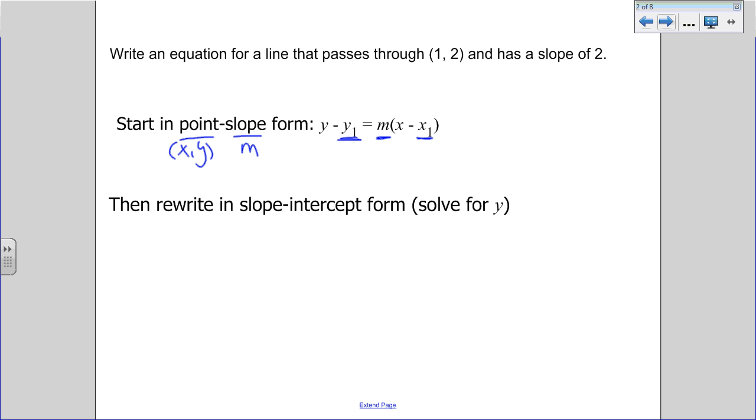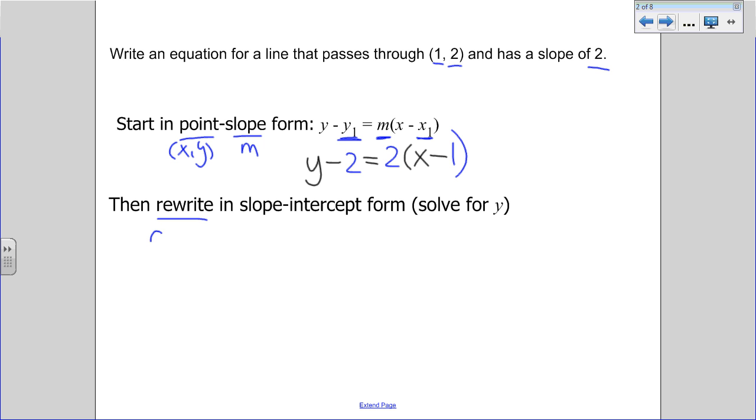So what point-slope form looks like is y minus y1, that's the 2, that's the 2 here, is equal to m, which was our 2, times x minus, and we need to then plug in the x value. Now we're going to take that equation and rewrite it.